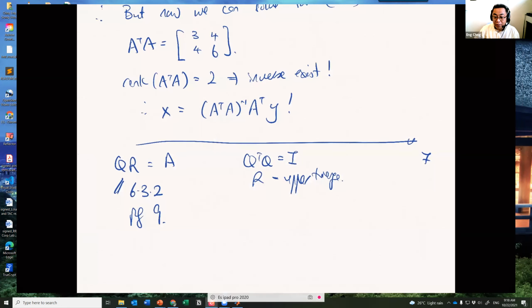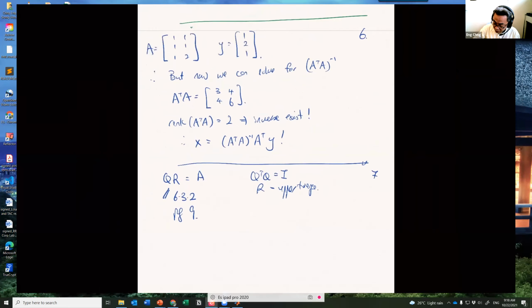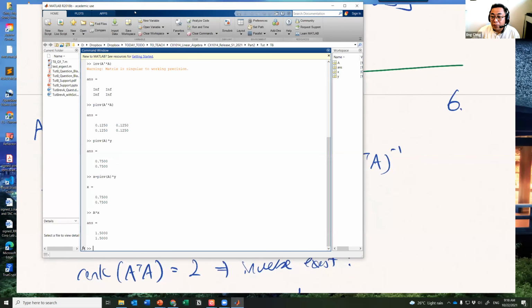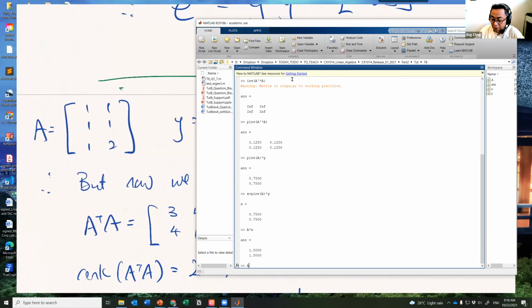All right, let's try. So I'm going to do this, and then I will show you in MATLAB. Of course, you have to do it by hand. A equals to 1, 1, 1, 1, 1, 2. So I got the A. QR equals to QR decomposition of A economy, because the second parameter is here.